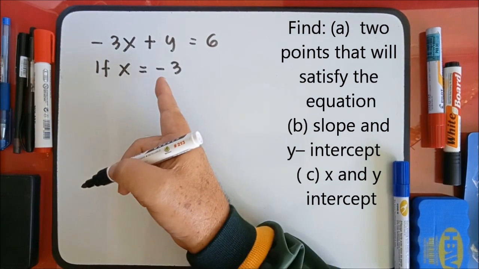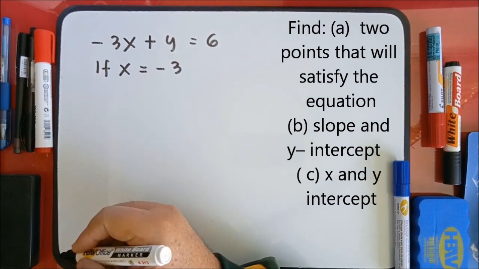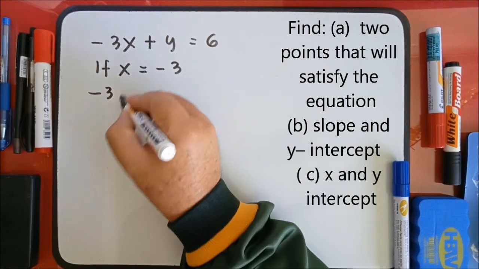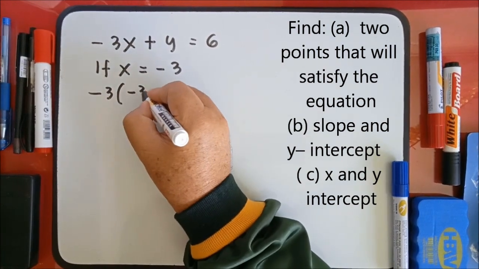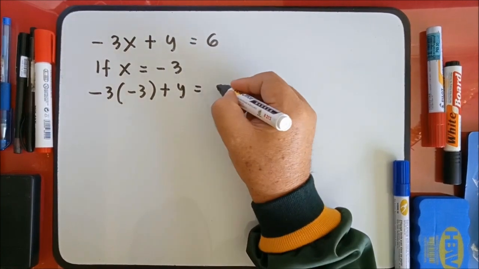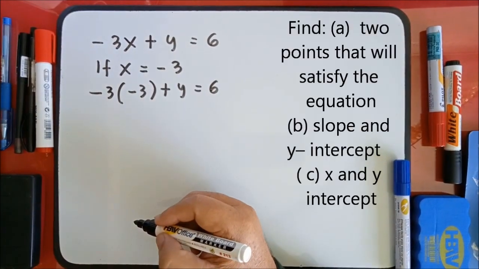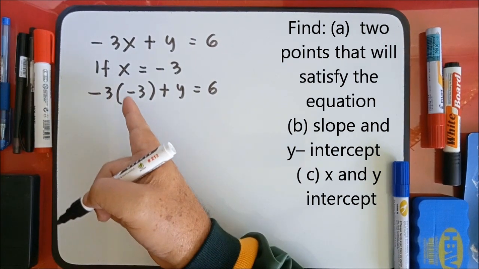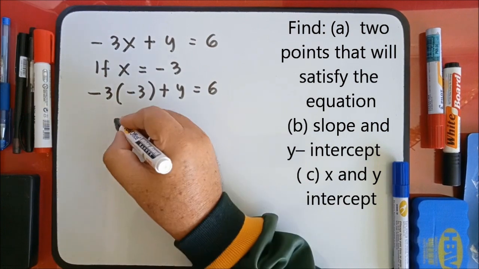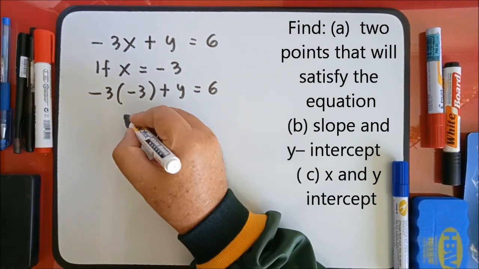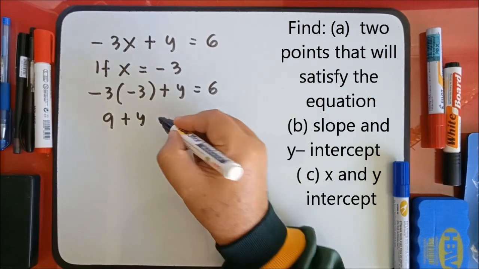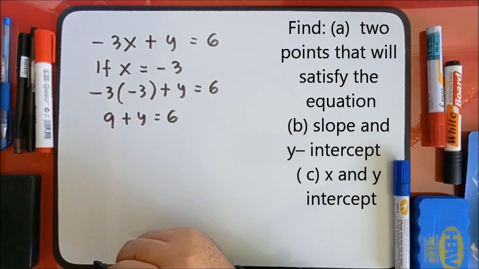Then, we have to substitute x into our linear equation. This will become negative 3 times negative 3 plus y is equal to 6. We substituted negative 3 for x. So, negative times negative will become positive. 3 times 3 is 9 plus y is equal to 6.